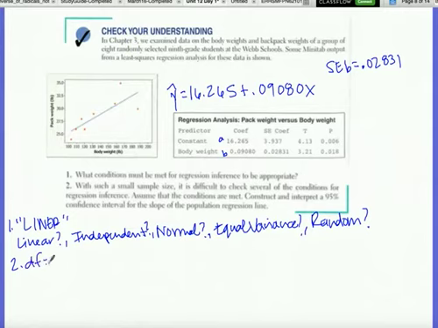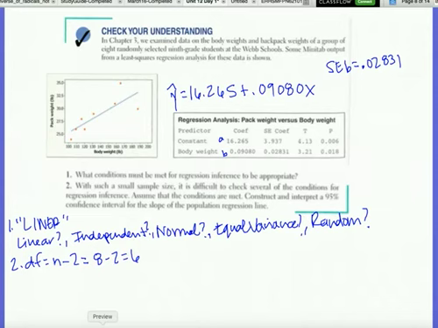So you'd need to know how many degrees of freedom you were going to use. To find degrees of freedom for this, it's going to be n minus 2. We have 1, 2, 3, 4, 5, 6, 7, 8. So n is 8. 8 minus 2, we're using 6 degrees of freedom.